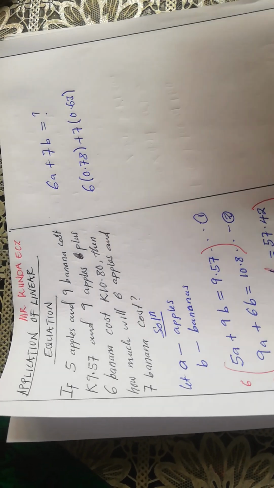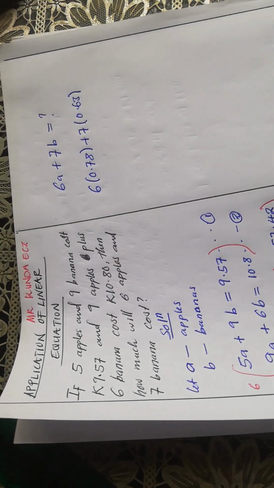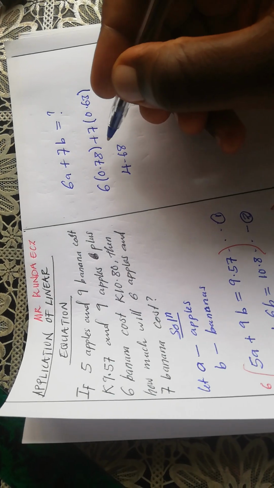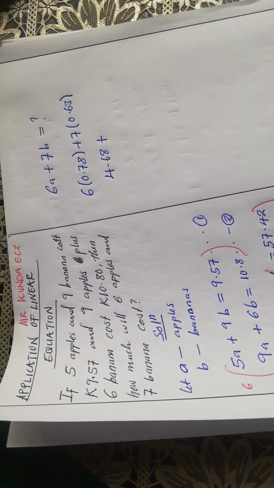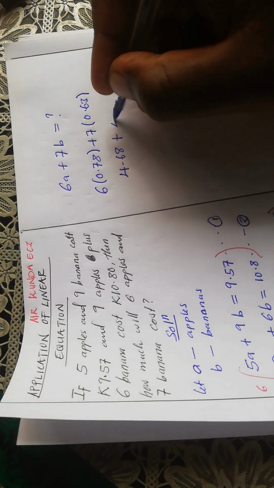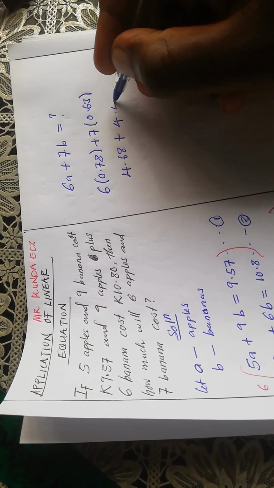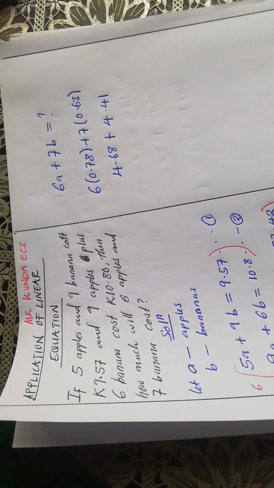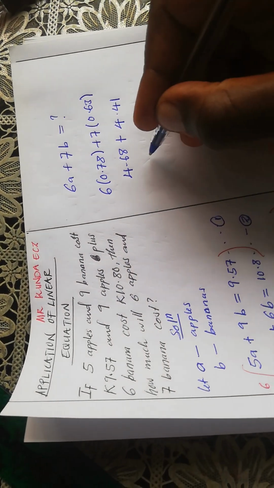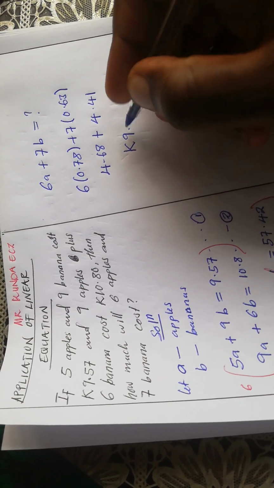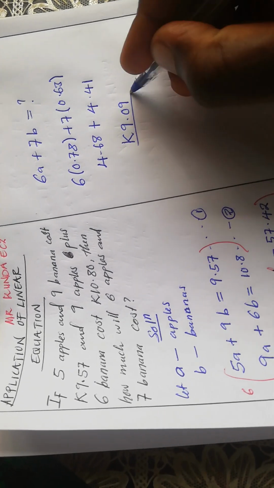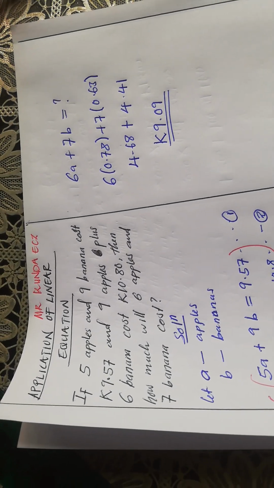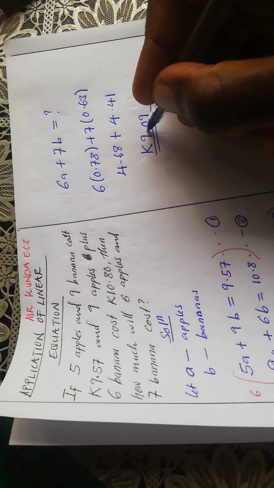If we do our mathematics here, it is going to give us 4.68. And on the other side, it is going to give us 4.41. The sum of these two numbers is going to give us 9 kwacha 9 ngwe. So if you are buying 6 apples and 7 bananas, you are going to spend 9 kwacha 9 ngwe.